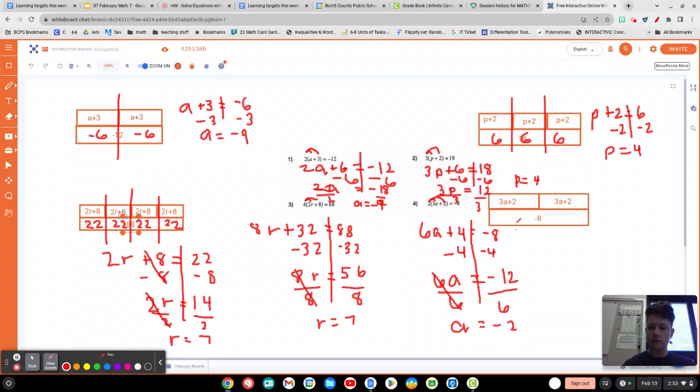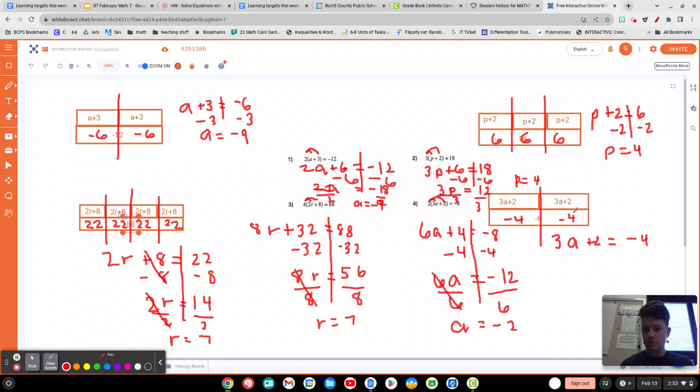So let's check our diagram and make sure it matches. We get 3a plus 2 and 3a plus 2. We've got two sets of them because they're multiplied by 2, all equal to negative 8. When I chop my diagram in half, my negative 8 becomes two sets of negative 4. And that gets me, again, a two-step equation, but slightly friendlier numbers.